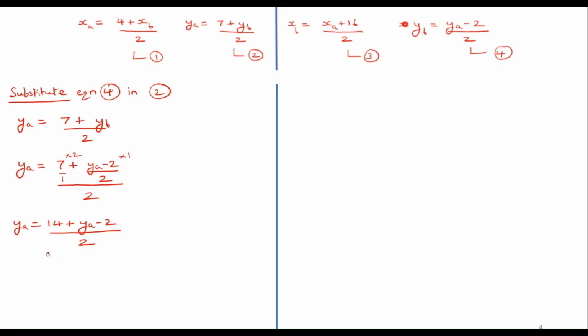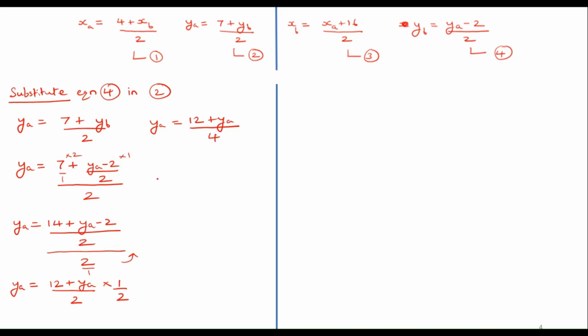The whole thing is divided by 2 again. Then YA is equal to 14 minus 2 is 12 plus YA divided by 2, and 2 divided by 1, we will shift it up here, so it will become 1 by 2. The 1 will stay the same when we multiply. 12 plus YA divided by 2 into 2 is 4.